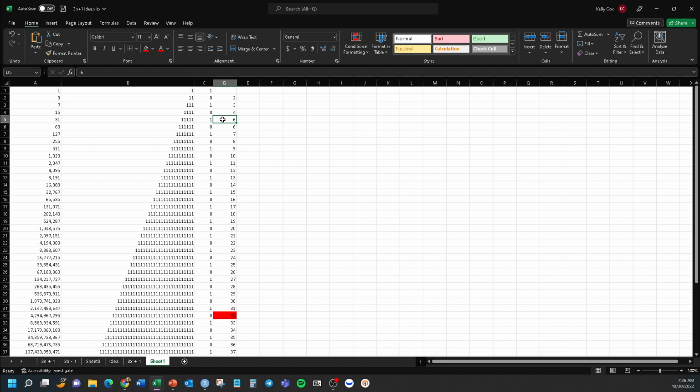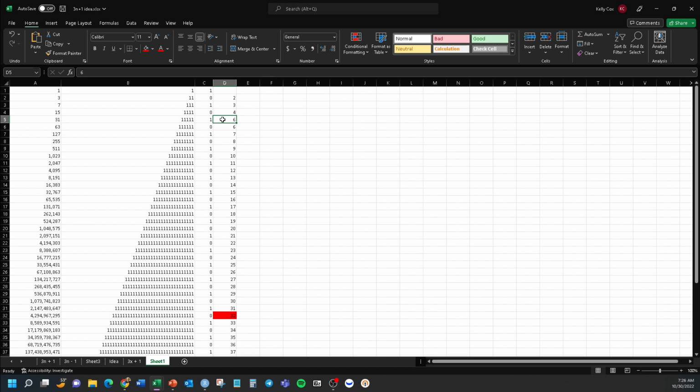And again, when we're looking at these numbers, all odd numbers are going to be 1 mod 2. And then half of them will be 3 mod 4.